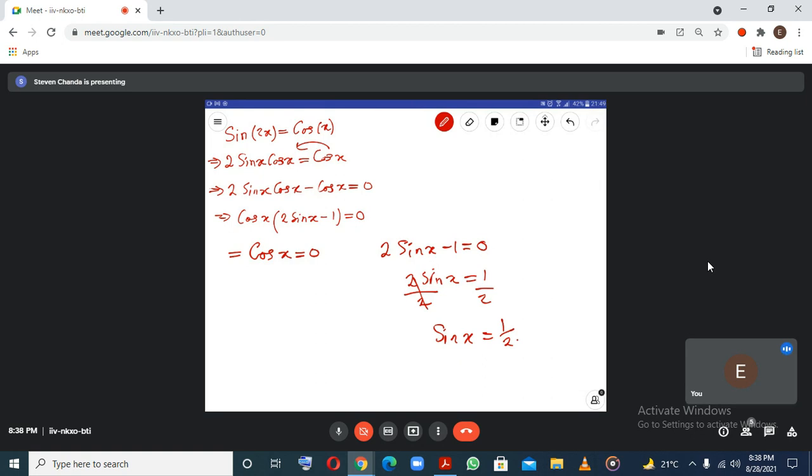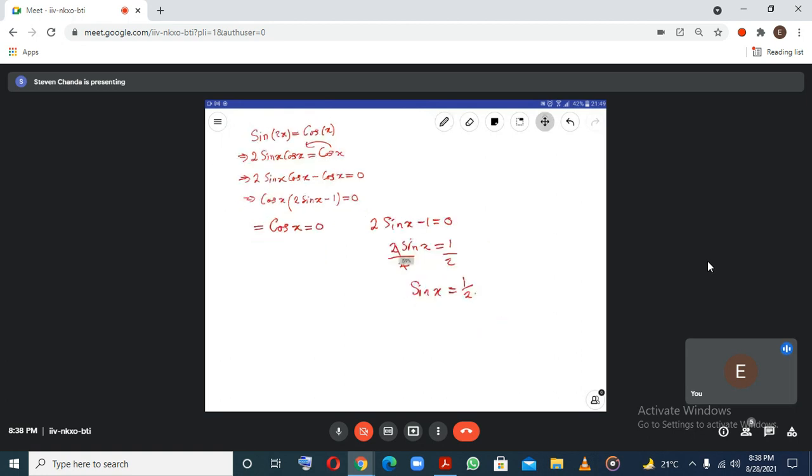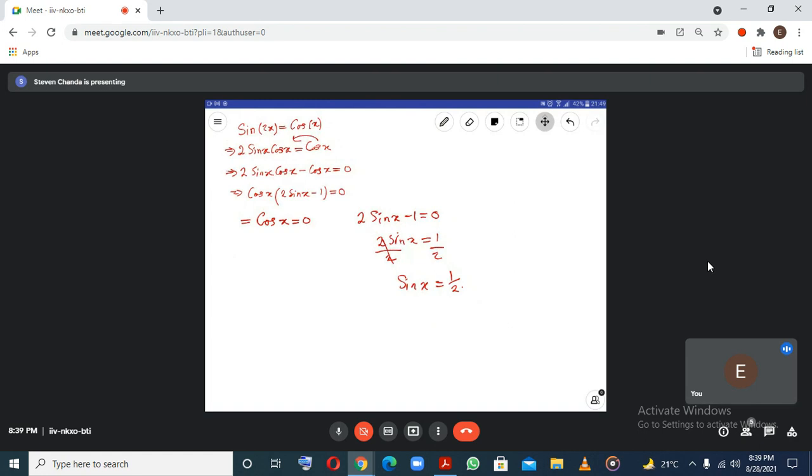So now again, what is that angle going to be? Let's do the sine x first. It's going to be 30, isn't it? So it's going to be 30 degrees.